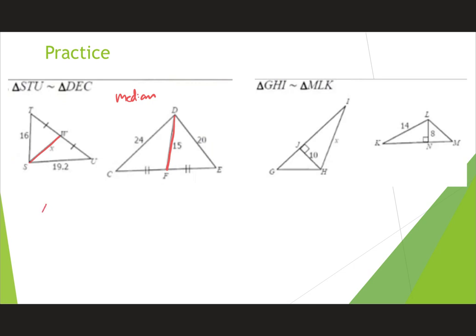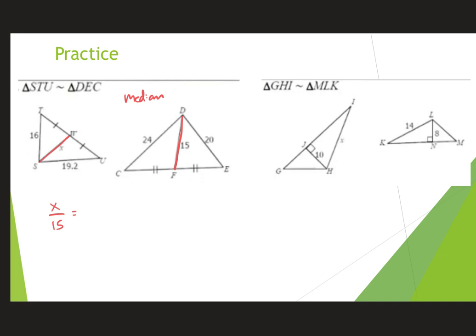So that's going to be x over 15 is proportionate to, and now we can pick our favorite. I'm going to avoid SU because it has a decimal, and you guys know how I feel about decimals. I'm going to pick ST, so 16. Now the triangles are not in corresponding positions, so I'm going to use my statement to figure out that DE corresponds to ST. So there we go, 16 over 20.